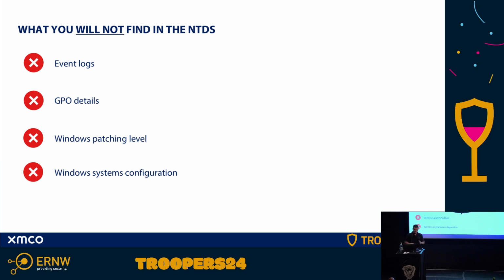ADCS templates also are not in the NTDS, as well as Windows patching level and Windows system configuration. If you want to know the last KB installed on a Windows machine, you will need to go to the machine directly and ask it directly. You just know the version of Windows, like Windows 10, 11, etc.